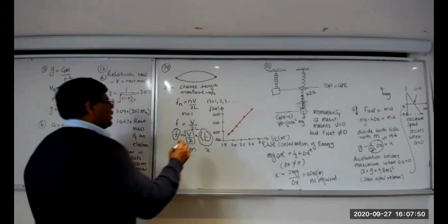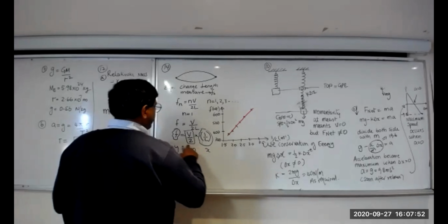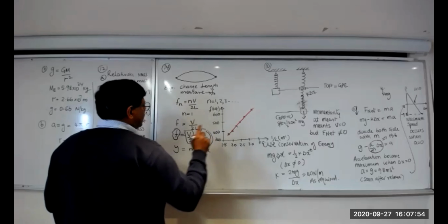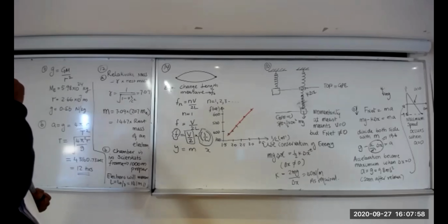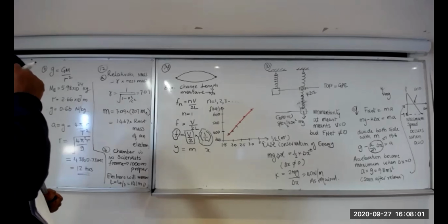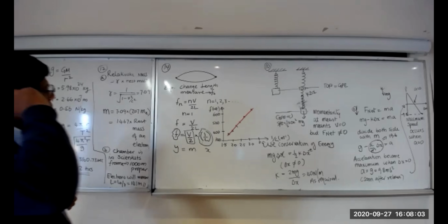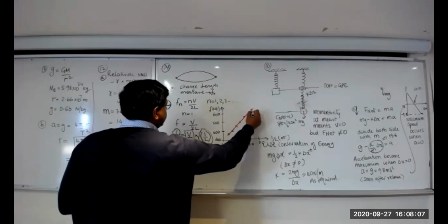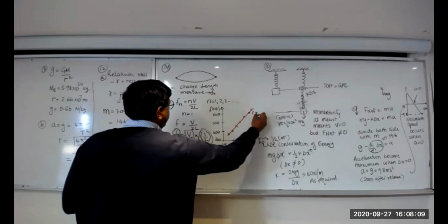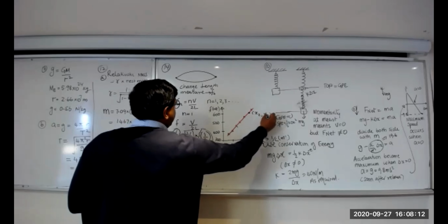And you have to find your gradient to find the speed. Do not pick a point from the table. Don't pick a single point and calculate the speed. You lose marks. You have to find the gradient. Pick nice 2 points from the graph.